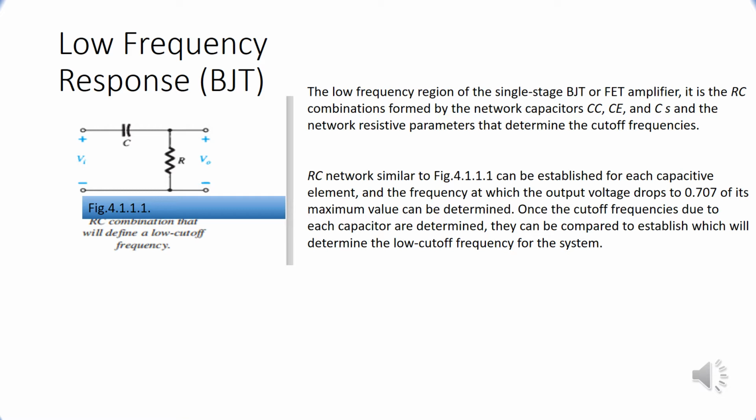The most dominant component is the capacitor CE, because all these three components add to the poles, out of which CE decides. CE is the most dominant pole for your frequency response system.